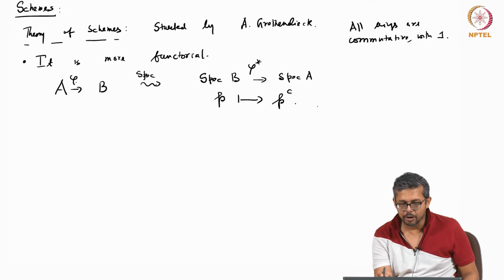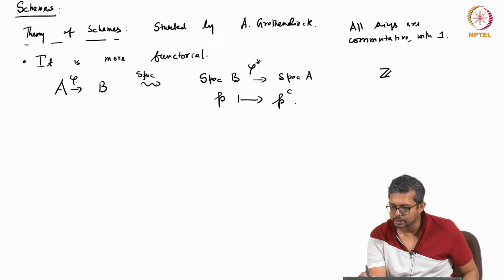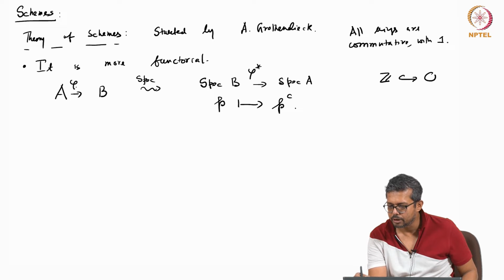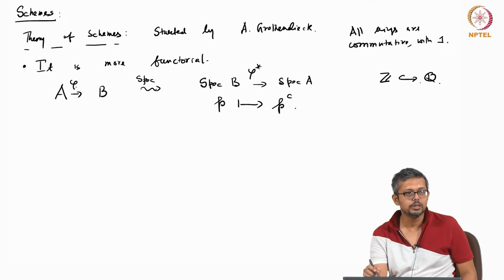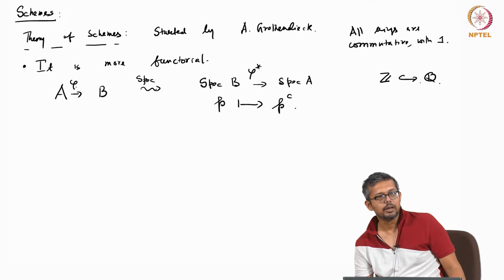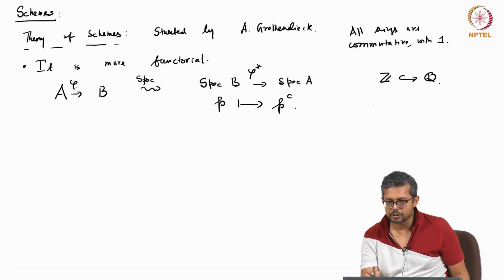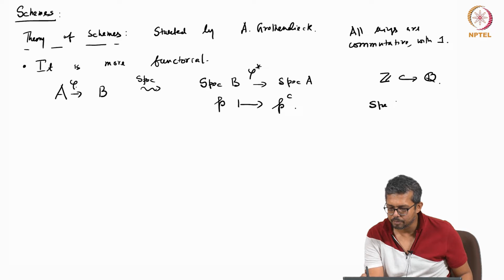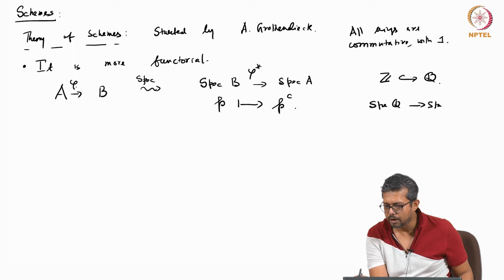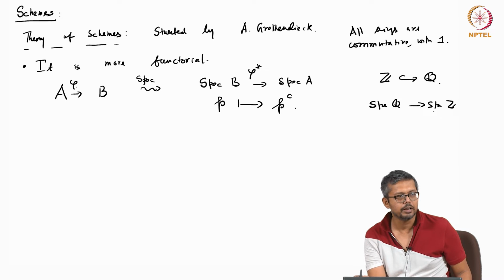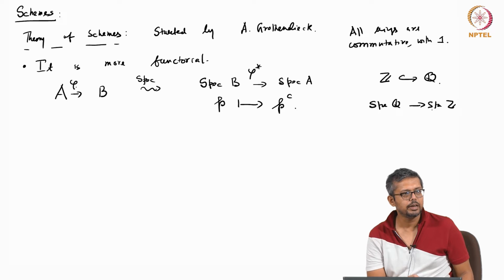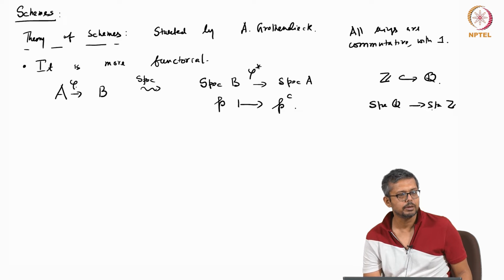But take, for example, the inclusion of Z in Q. Here the 0 ideal is not a maximal ideal. Spec of Q has only one element, which is the 0 ideal, but 0 is not maximal in Q. So a maximal ideal does not go to a maximal ideal. So functoriality gets lost if you work with maximal ideals.